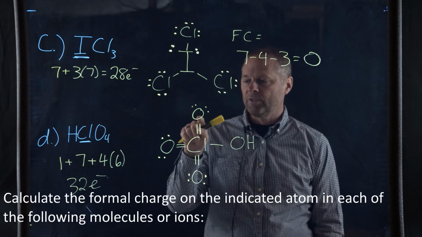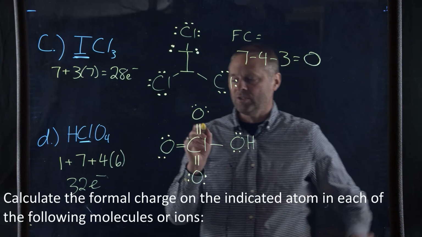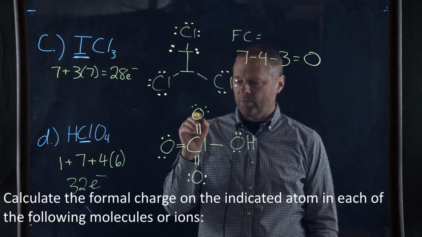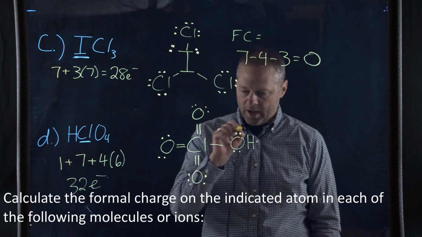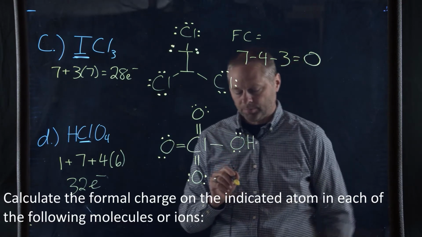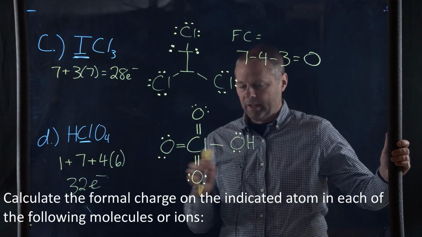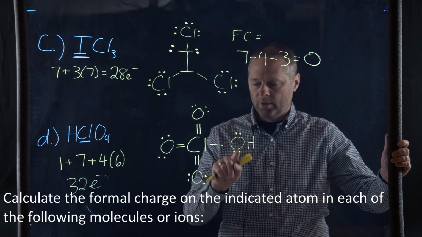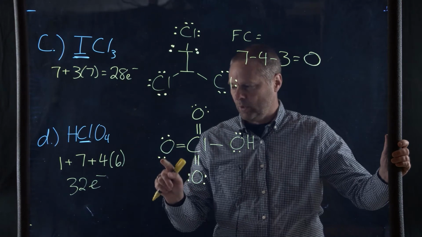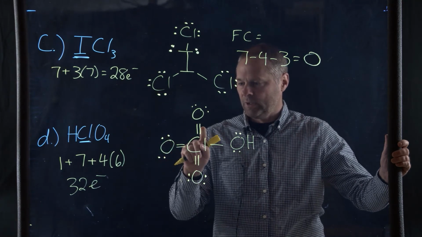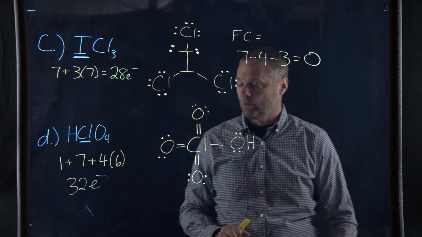Now, if you do the formal charge of each one of these oxygens, doing the exact same way, this oxygen will have a formal charge of 0, this oxygen will have a formal charge of 0, this oxygen will have a formal charge of 0, that oxygen will have a formal charge of 0. Now remember, there's a bond between here, so if we start counting the electrons, we're going to have 2, 4, 6, 8, 10, 12, 14, 16, 18, 20, 22, 24, 26, 28, 30, 32. So we now have 32 valence electrons, which is what we predicted.